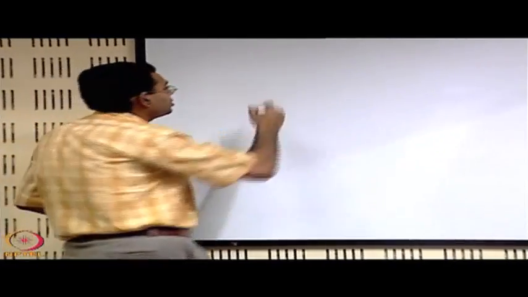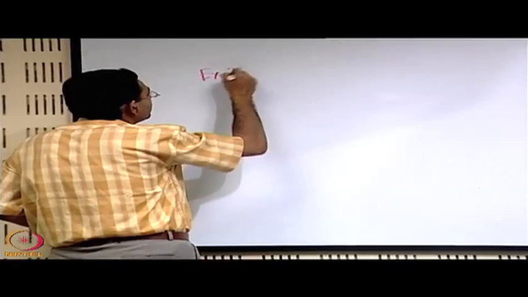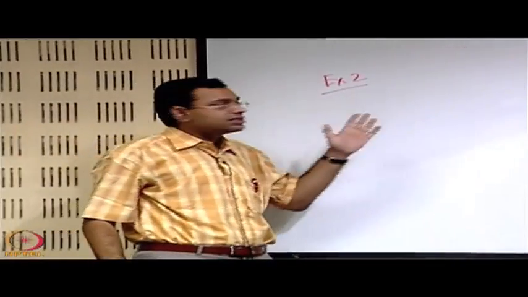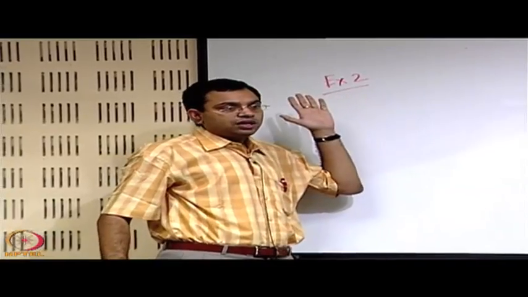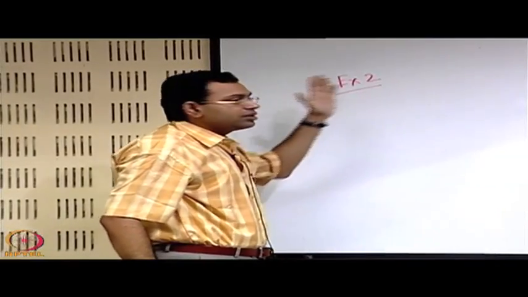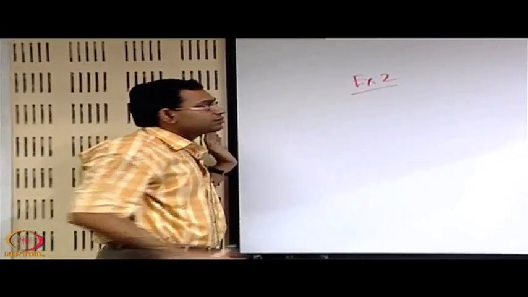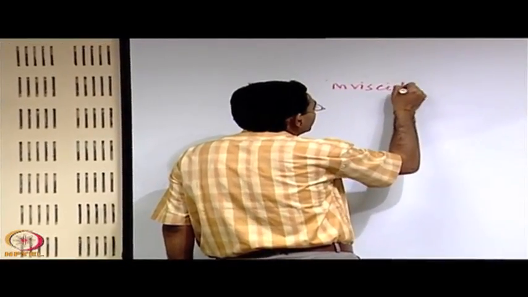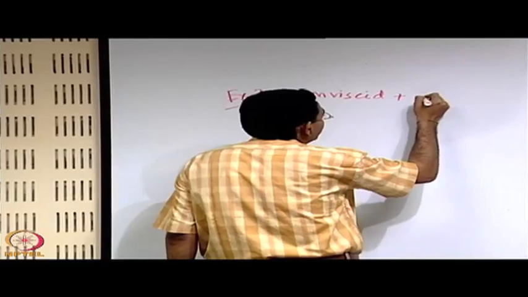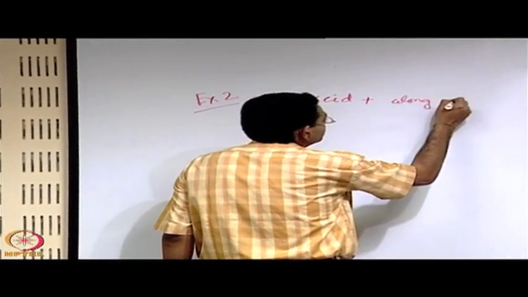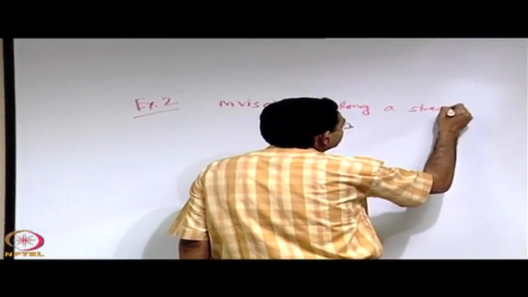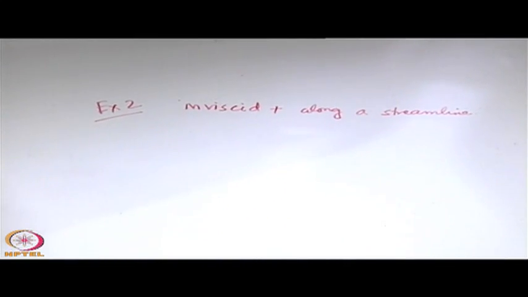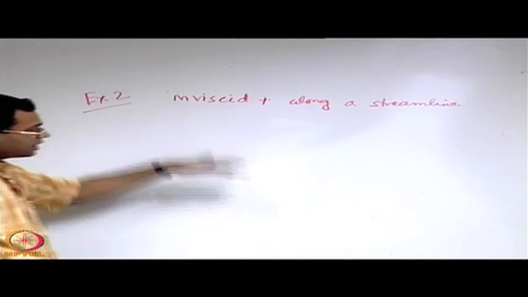So in the example 2 we will keep all our previous assumptions as valid, that is inviscid flow and flow along a streamline, but we will not consider it to be steady a priori. So we will consider inviscid plus along a streamline. Rho constant we will take in a later step.